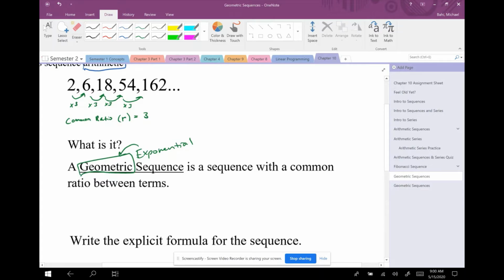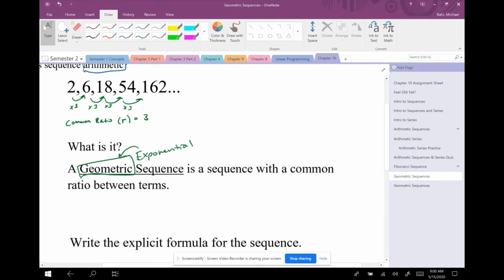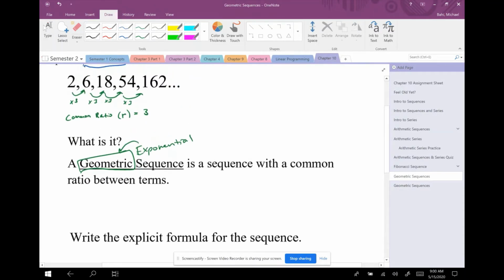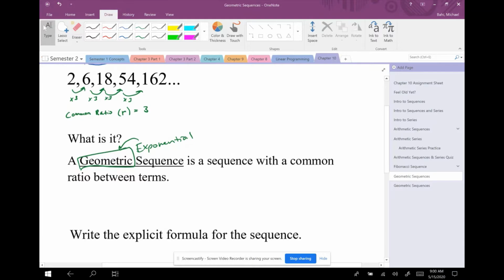Okay? So let's do an example. Write the explicit formula for the sequence above. So we had 2, 6, 18, 54, and so on.